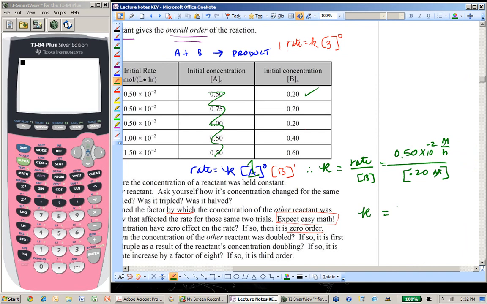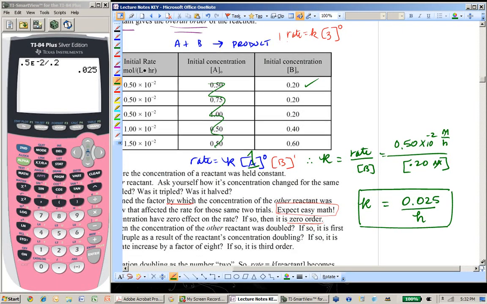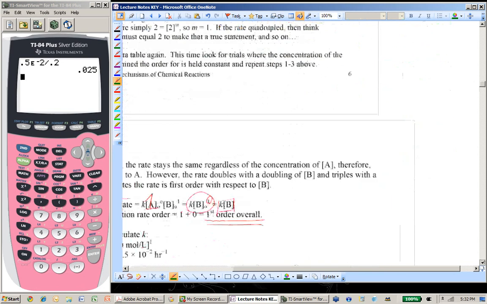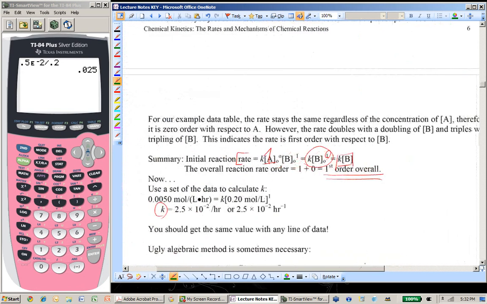So K equals 0.5 E minus 2 divided by 0.2. 0.025 per hour. And you can use HR if you like, but I think H is actually the official abbreviation for hour, just like S is the official abbreviation for second.